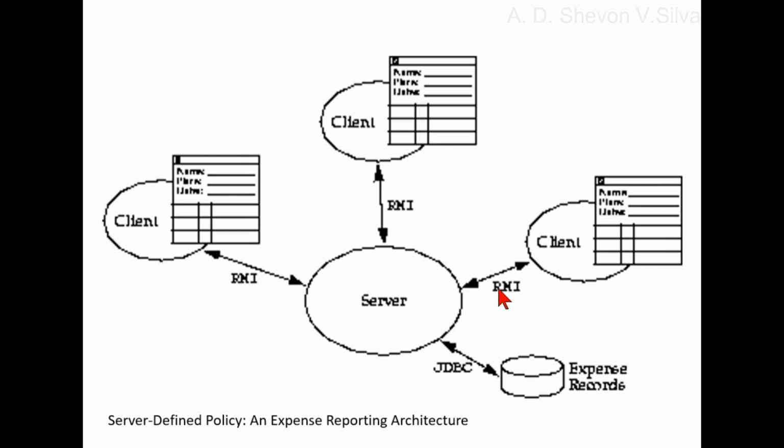Server stores the expense reports in a database using JDBC, the relational database package. So far, this may look like any multi-tier system, but there's an important difference. RMI can download behavior.